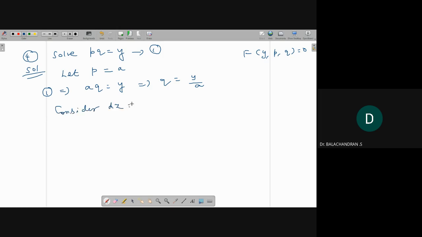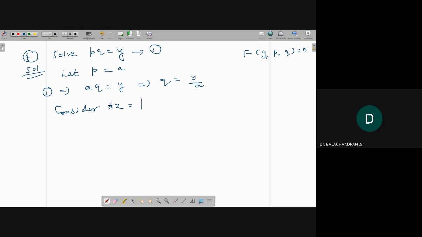Sir, why do we have to take p equal to a? Can we take q equal to a? Actually, this is the procedure. Okay, there is a reason, we will discuss that a little bit later, Adish. I don't know the exact proof of why we are taking p equal to a, but we will discuss that after finishing this problem.